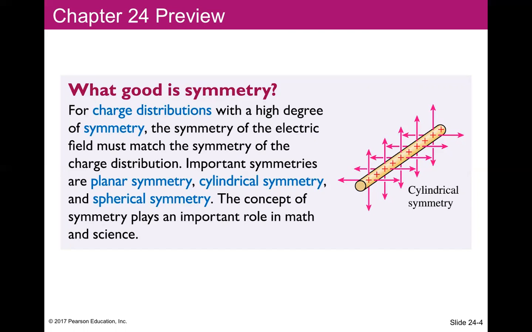Here it shows one, cylindrical symmetry. There are 2 other good symmetries. If you remind yourself, you have learned Gauss's law before and done some calculations with it. What other symmetries did you use to apply Gauss's law, besides cylindrical symmetry?